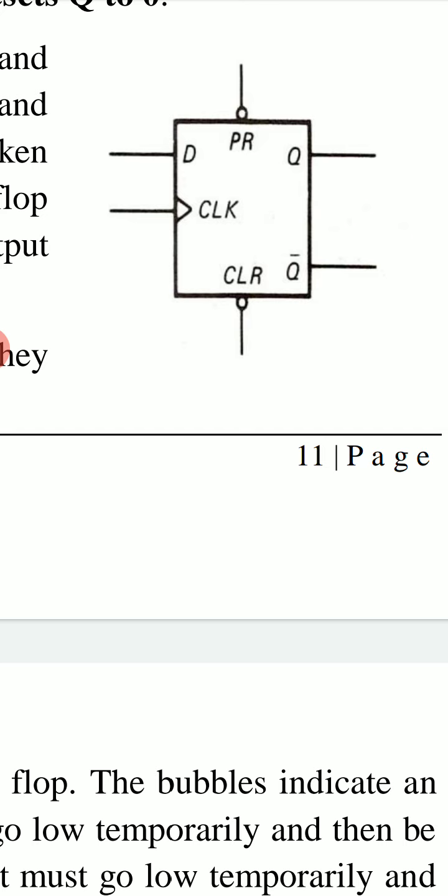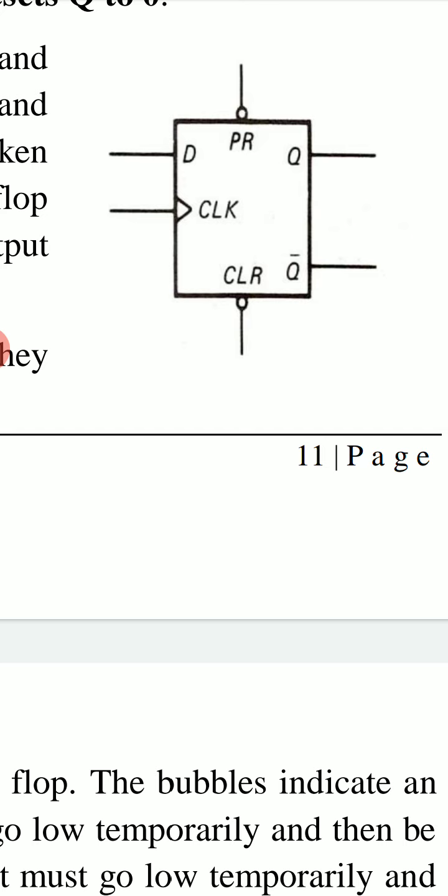For example, the clear will be active when clear is low because this bubble is formed. It means that when clear is 0, preset is 1, then output Q will be low, that is clear. So output Q will be 0, that is clear, when this clear signal is 0.